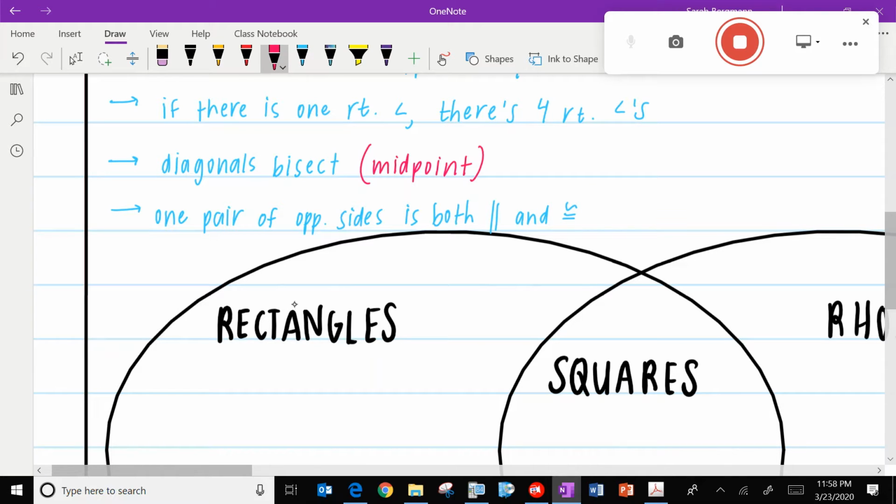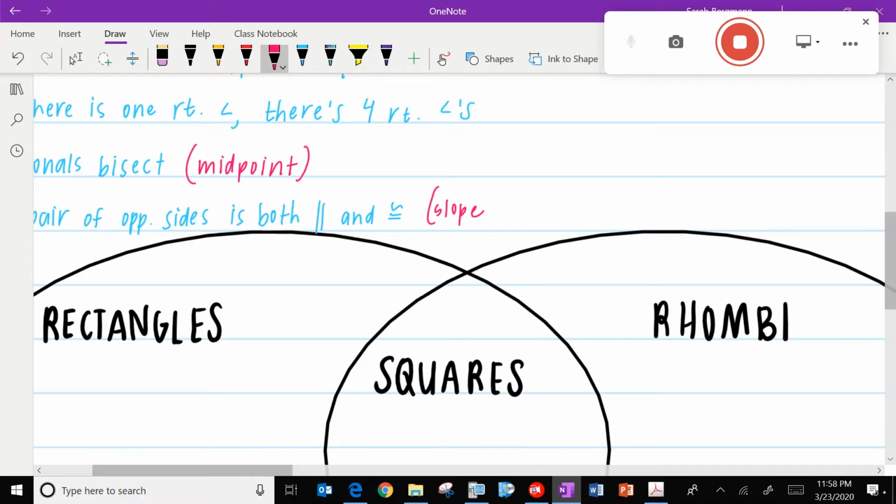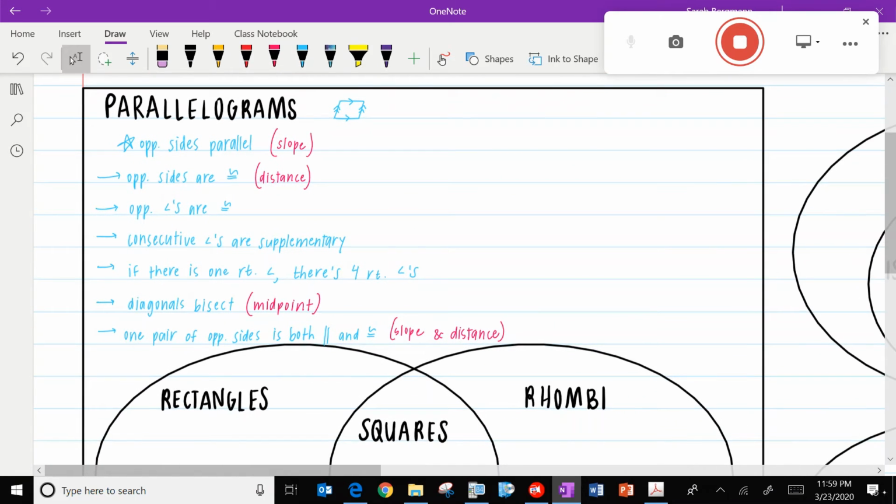So in order to do this, you would have to do slope formula and distance formula on just one pair of opposite sides. So there's everything we know about parallelograms.